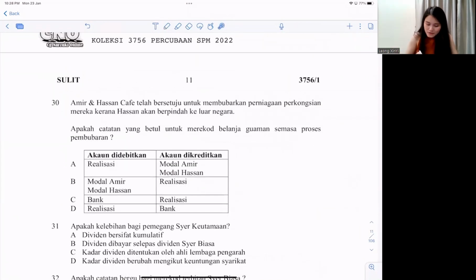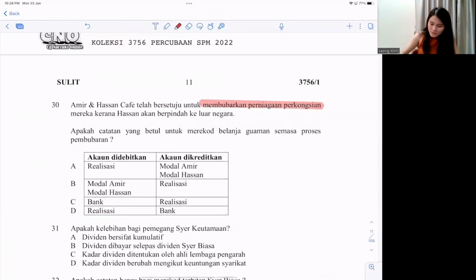Almost done. Amir dan Hasan Cafe telah bersetuju untuk membubarkan perniagaan, pembubaran perkongsian mereka kerana Hasan akan berpindah ke luar negara. Apakah catatan yang betul untuk merekod belanja guaman semasa proses pembubaran? Belanja, hasil, anything that we don't have a choice, we will put under realisasi.